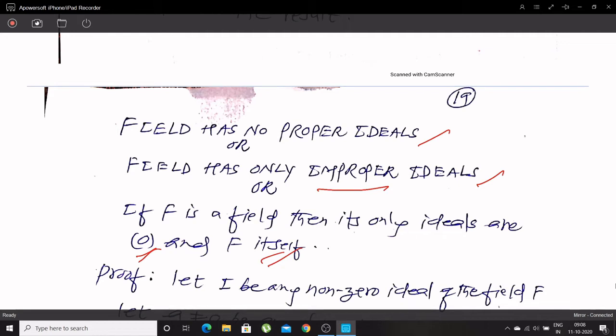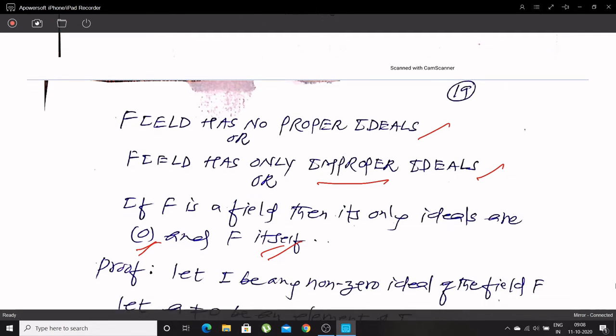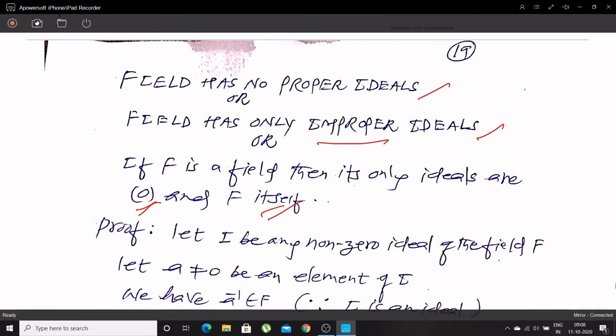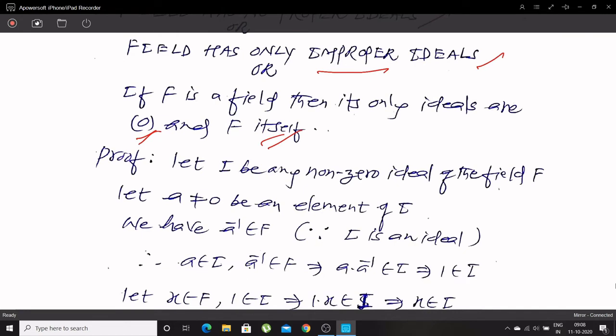F has no proper ideals is the same as saying the field F has only improper ideals. In other words, if F is a field, then its only ideals are the set containing the additive identity and F itself. To prove this theorem, I take an ideal.